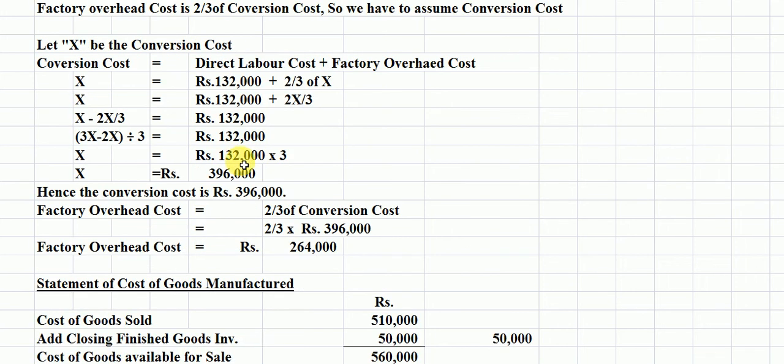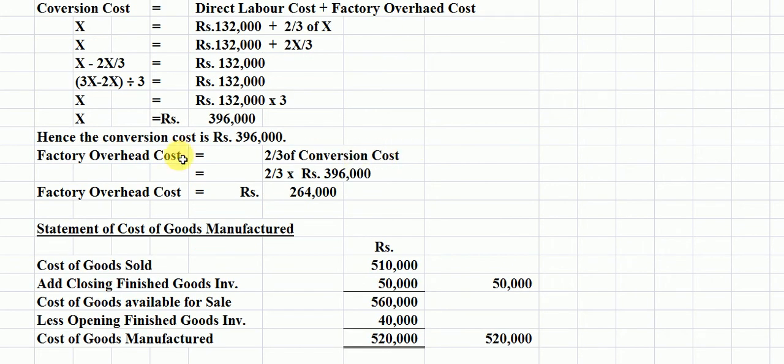Then finally we find X is equal to 3,96,000 rupees, which is the conversion cost. Hence the conversion cost is 3,96,000 rupees. Now we can easily find factory overhead cost as 2/3 of conversion cost. Then we compute these values again. The final value is 2,64,000 rupees, which is the factory overhead cost.